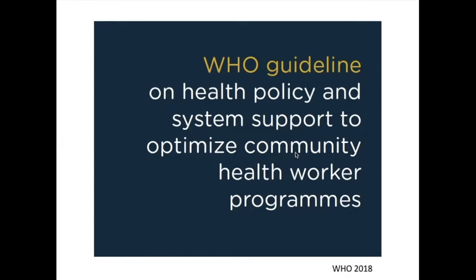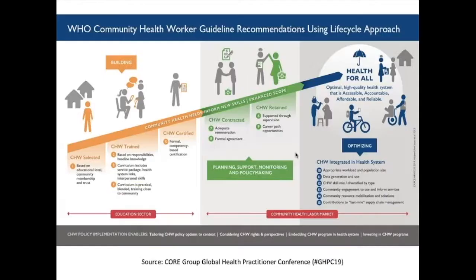It involved more than a dozen teams across the globe, bringing together what we know about community health worker programs, and quite nicely represented by this graphic, which I picked up from the core group listserv, and synthesized into 15 key roles, you can see them numbered there, that work across the life cycle of CHW programs.